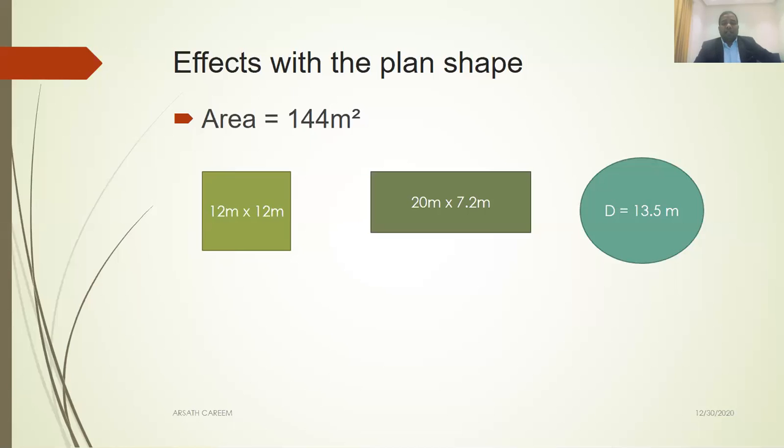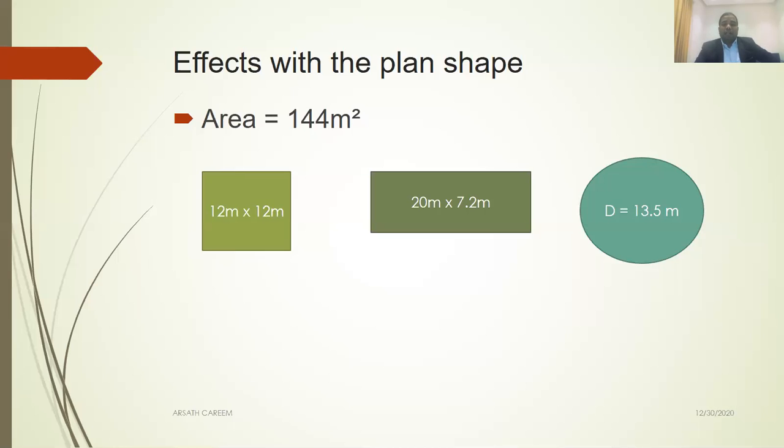First, in the easiest way, you can make a 12 meter by 12 meter square shape. Also, you can make a rectangle shape 20 meter by 7.2 meter. Also, you can make a circular building near to that area, diameter 13.5 meter. In all 3 methods, you can achieve the same area you are looking for.